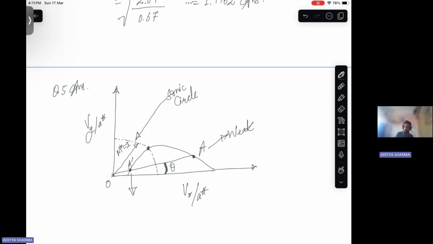And A dash corresponds to the strong solution. Right? And if you see your sonic circle, so this strong solution falls in this sonic circle.